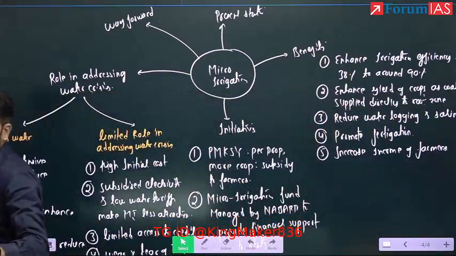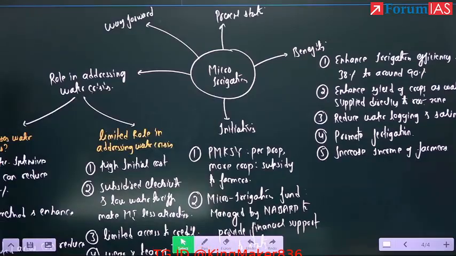Micro irrigation has to be supplemented with demand side strategies, comma, supply side strategies, comma, legal changes, and institutional support.